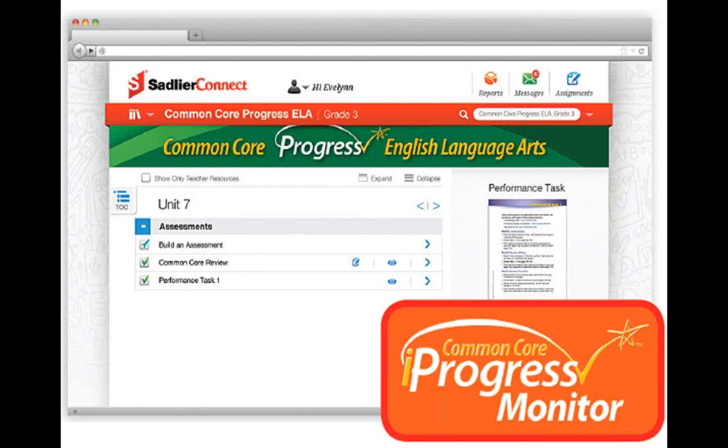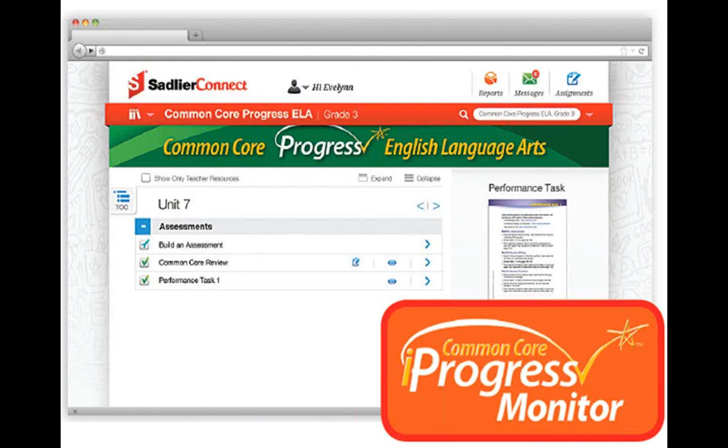I had mentioned this in the beginning of the presentation about the iProgress Monitor. It is an online assessment system. It has everything you would need for assessments online. Not only does it have every one of the assessments in the student book, such as the Common Core Review and the progress monitoring, the performance tasks, but it also has the benchmark assessments that we have in a separate booklet.